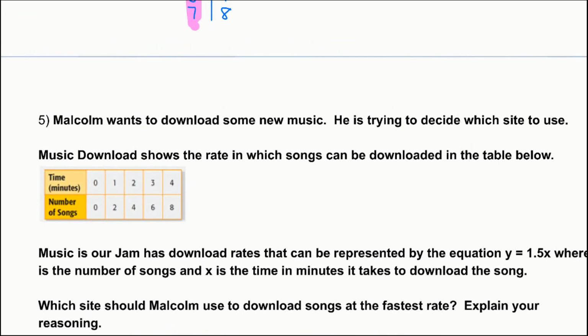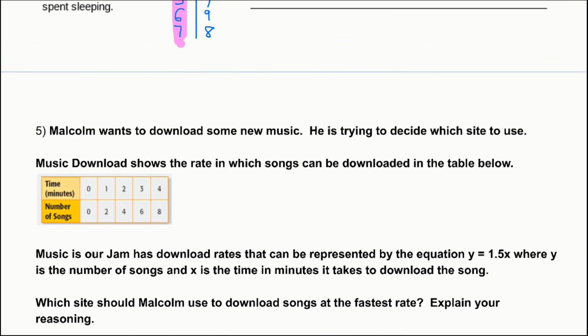All right. So what we're going to do is put both of these information groups into equations. Now, music is our jam already has an equation. It's y equals 1.5x. We just need to make music download from the table into an equation.